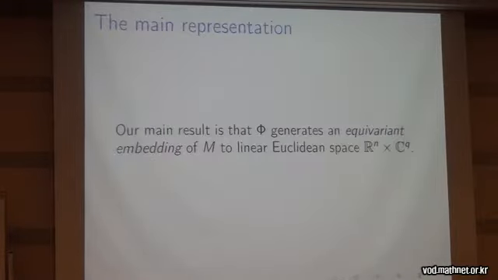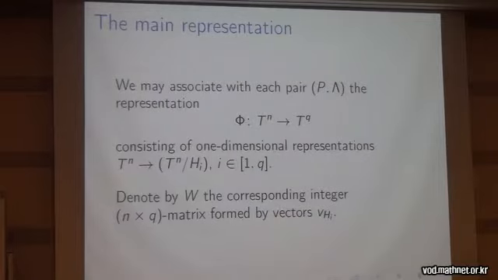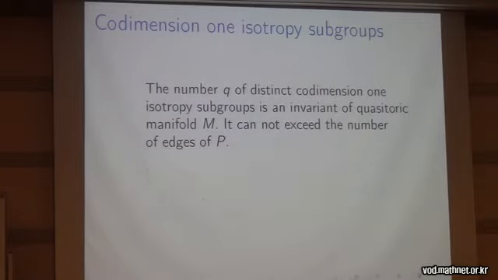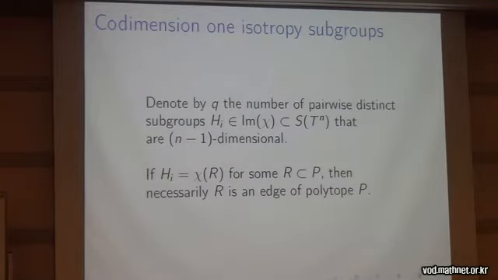Can you back down one more slide to see what fields? This one, yeah? We have the quotient. The definition of Phi? Yeah, what is the definition of Q? Well, I think I was too fast. The Q is the number of these isotropy subgroups of codimension 1.